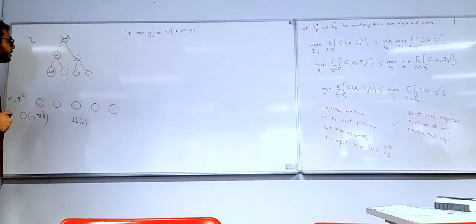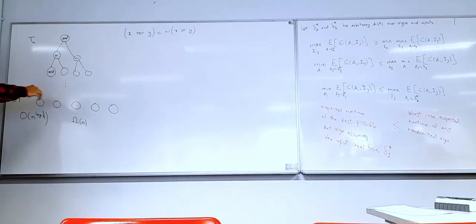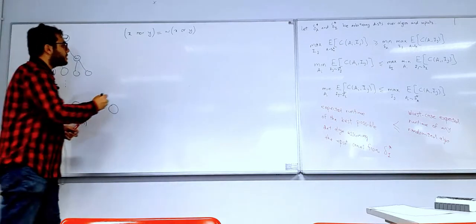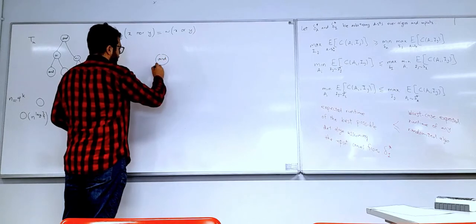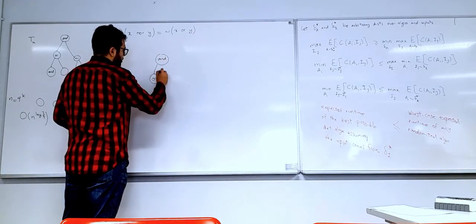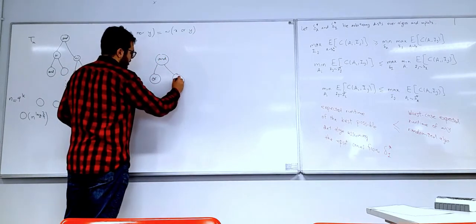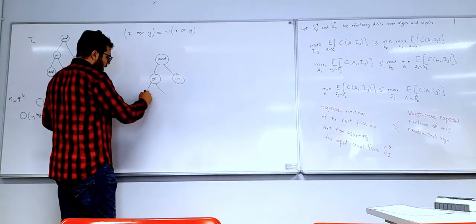Okay? So now what happens if I replace every operation in my tree with a NOR? Basically, I'm going to say that the value of the root is not going to change, but I can just do it level by level. So let's just take a simple tree like this. So let's say I have an AND here, and then I have OR here, I have OR here. And then let's say I have the leaves.